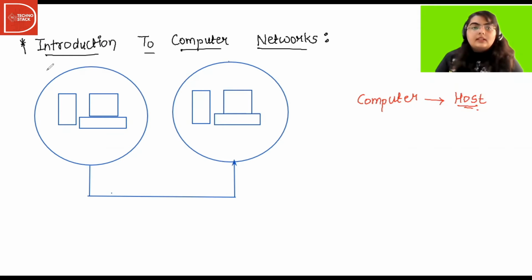The next thing is, say for example, this is our network. It is your network, and this is Google's network.